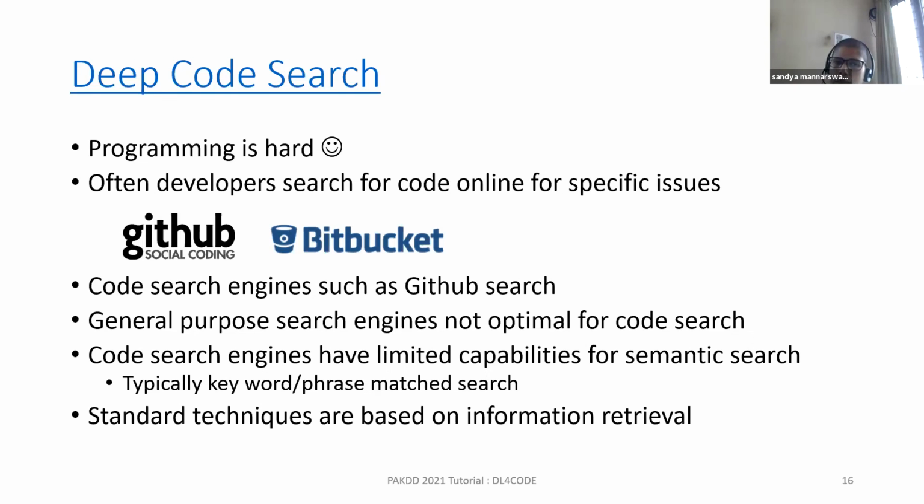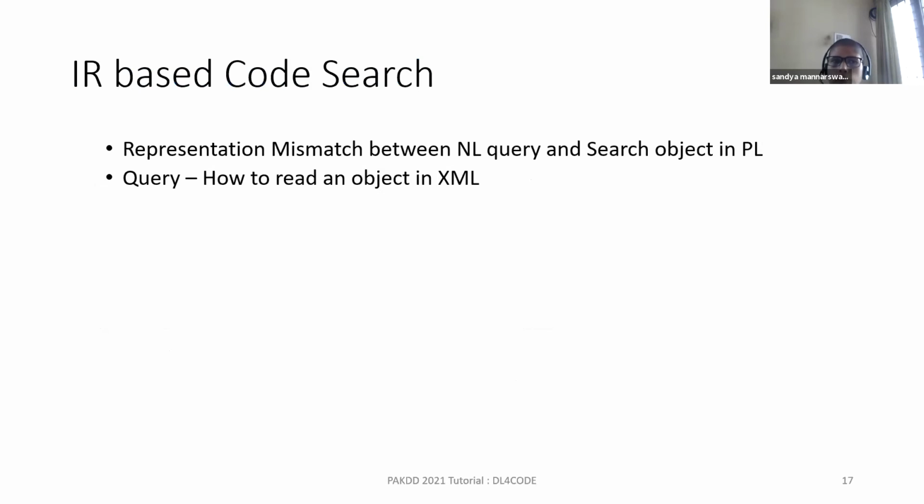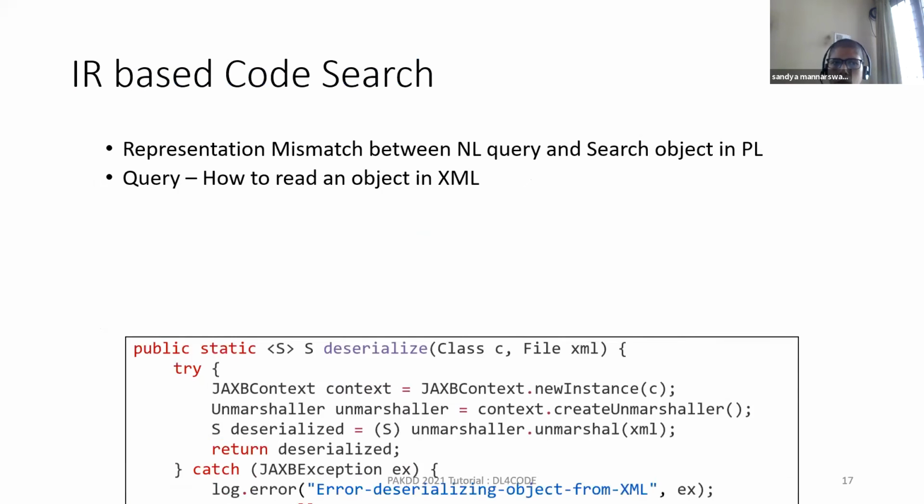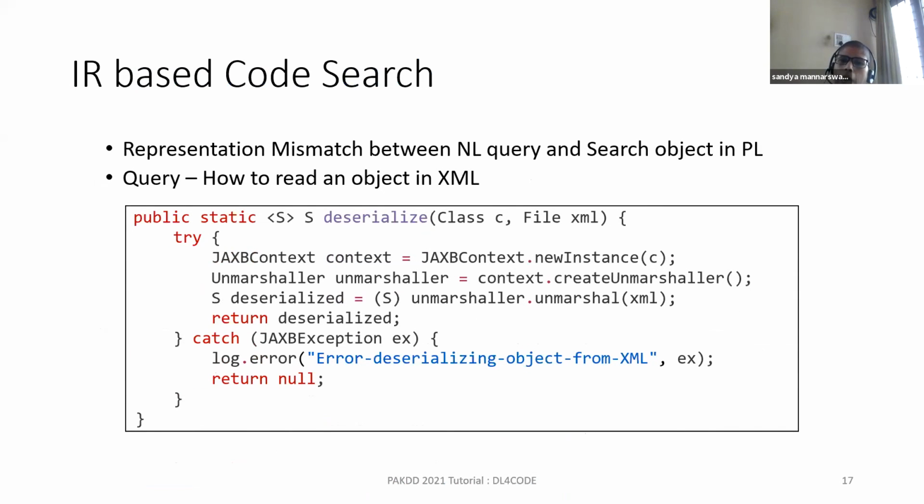So if you're using a standard IR-based technique for deep code search, this information or representation mismatch results in very poor performance. Let's look at a quick example here. The query is how to read an object in XML. This is a query you're going to type into your code search engine, but the result which you actually want returned is this particular code snippet.